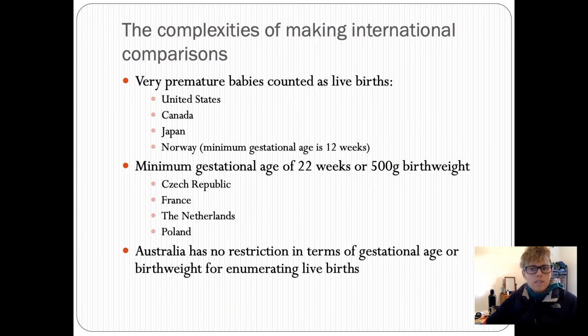Well, in the US, in Canada, in Japan, and here in Australia, very premature babies count as live births. But in other countries, they set a minimum. So for instance, a birth is only considered live in France, in the Czech Republic, if the baby is a minimum of 22 weeks or 500 grams. So here, even with a broad stroke definition, there is variation in this measure, which makes comparison across countries difficult or fraught.